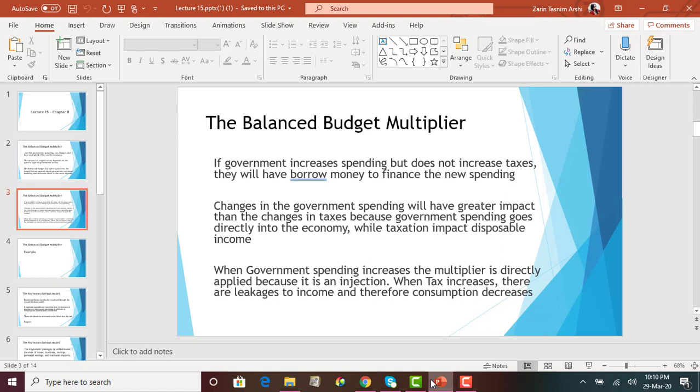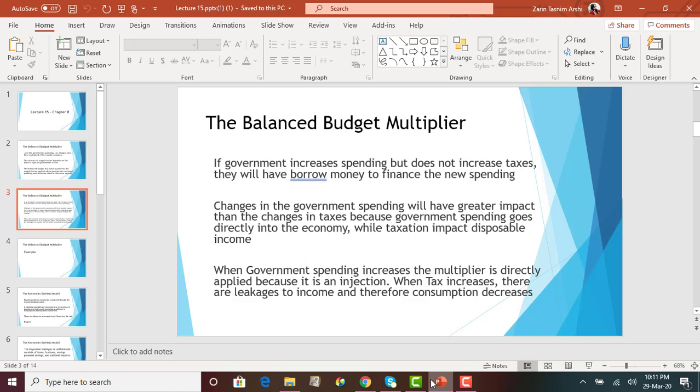If the government wants to increase spending, it can finance that increased expenditure either through increased taxes or through borrowing money from the bank or other governments. Usually it is a combination of the two. Sometimes they will increase taxes by a certain percentage and then borrow the rest from another country, from the bank, or from the state governments.